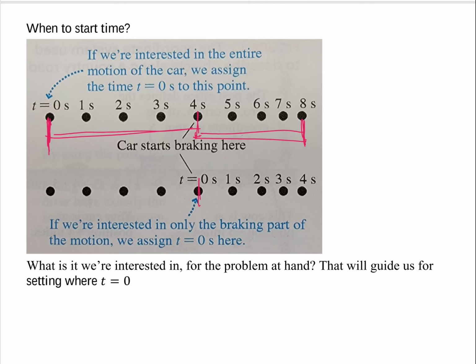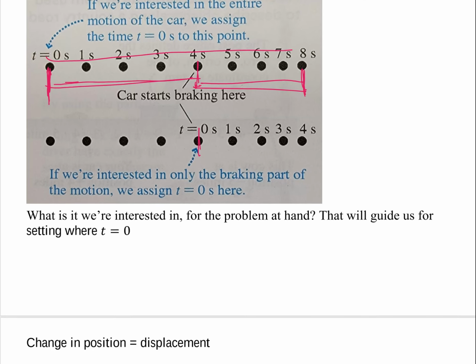If it's reaction time, okay, fine. If it's total stopping distance from the moment the deer ran out in front of me, I need that whole thing. How am I going to do it? Okay? So that's what you need to do. Stop and think before you do anything. What is it that it's asking you to solve? Then come up with a plan. Okay? And we'll get into that when we start solving problems.